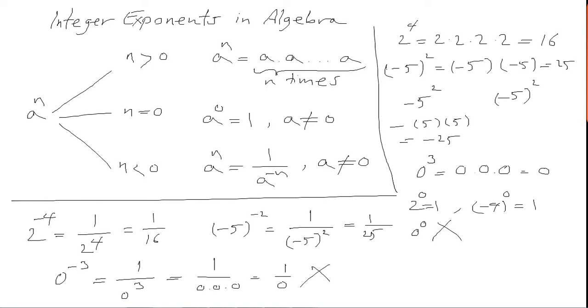Okay, now let's take a look at some properties of exponential expressions. The first property is when you have a to the power of n times a to the power of m.